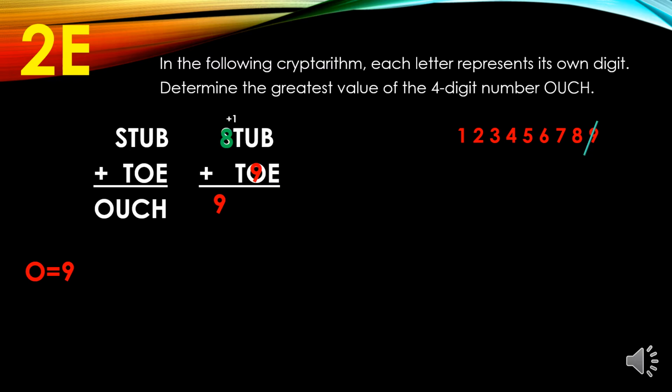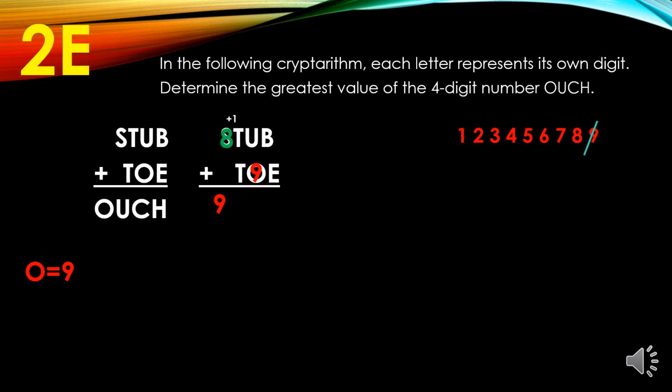Now, on U, we need to look for a number that, when we add that, will give us the same value of U at the bottom of T plus T equals U. Okay? The U plus O equals C. But we make sure that the number on U is equivalent to the number of U below, T plus T. In this case, we have already used 9 and 8.